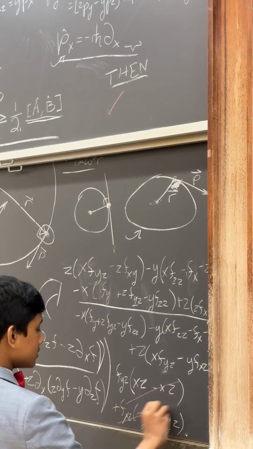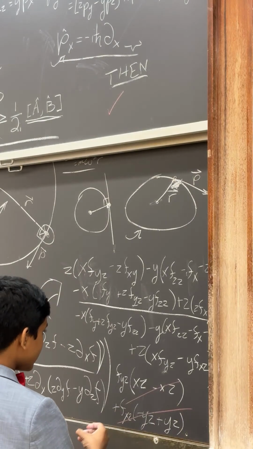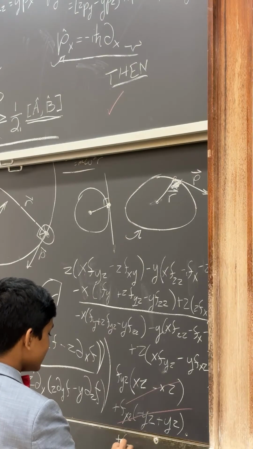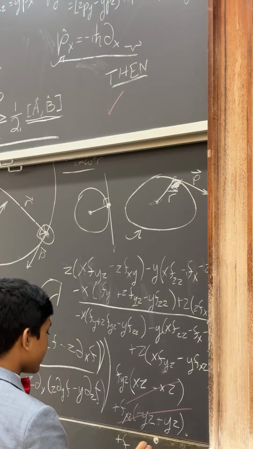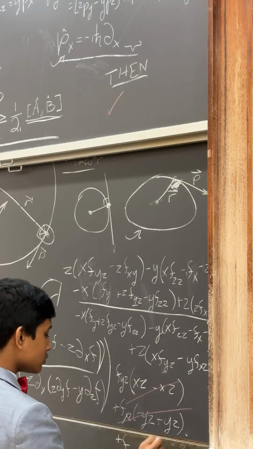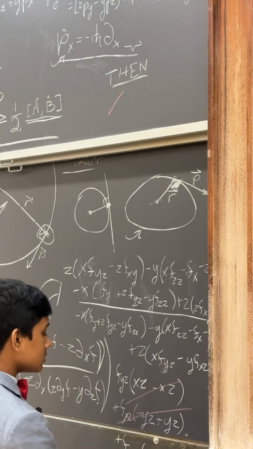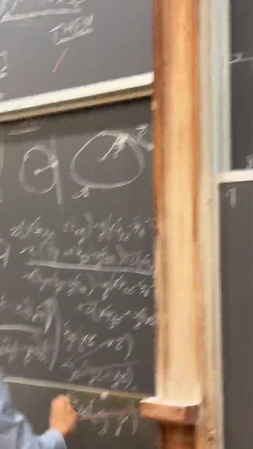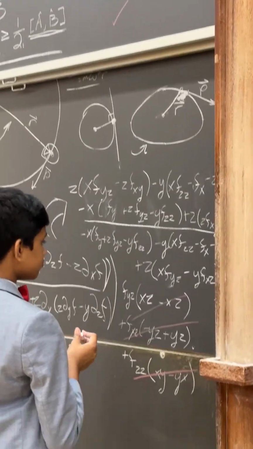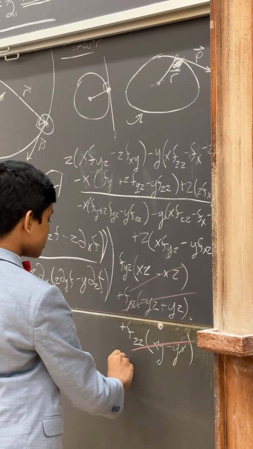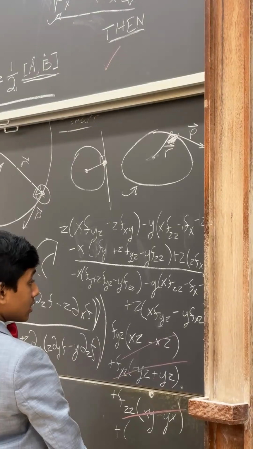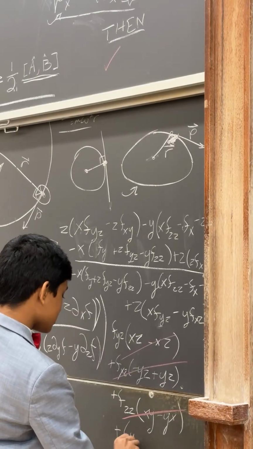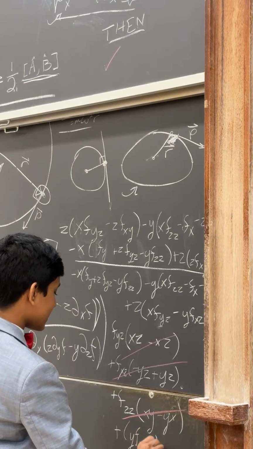So that also disappears. And then plus f_zz, well, there's an xy term over there, and there's a minus yx term over there, so that also disappears. And, well, everything else is minus x f_y and y f_x, so it's y f_x minus x f_y.